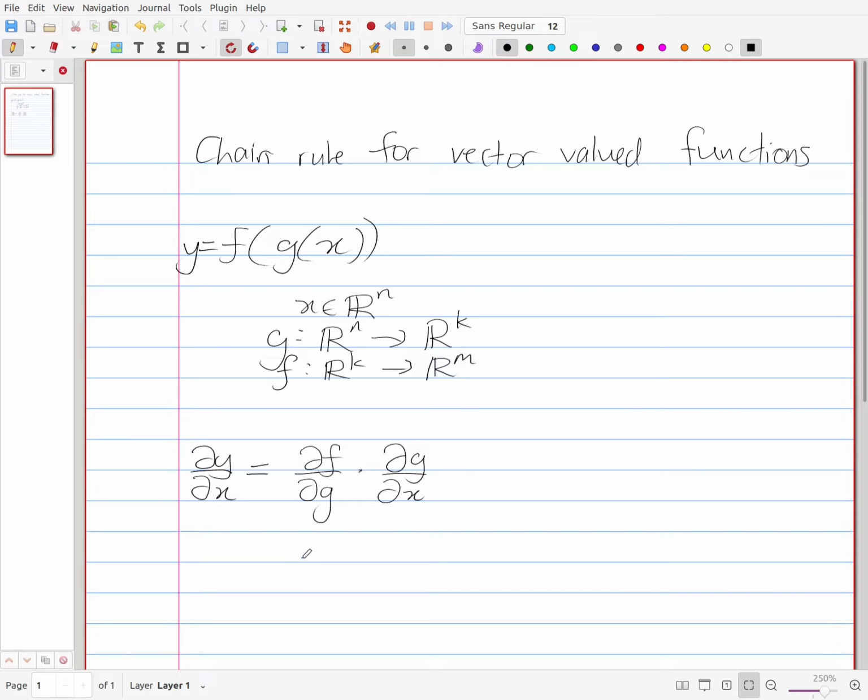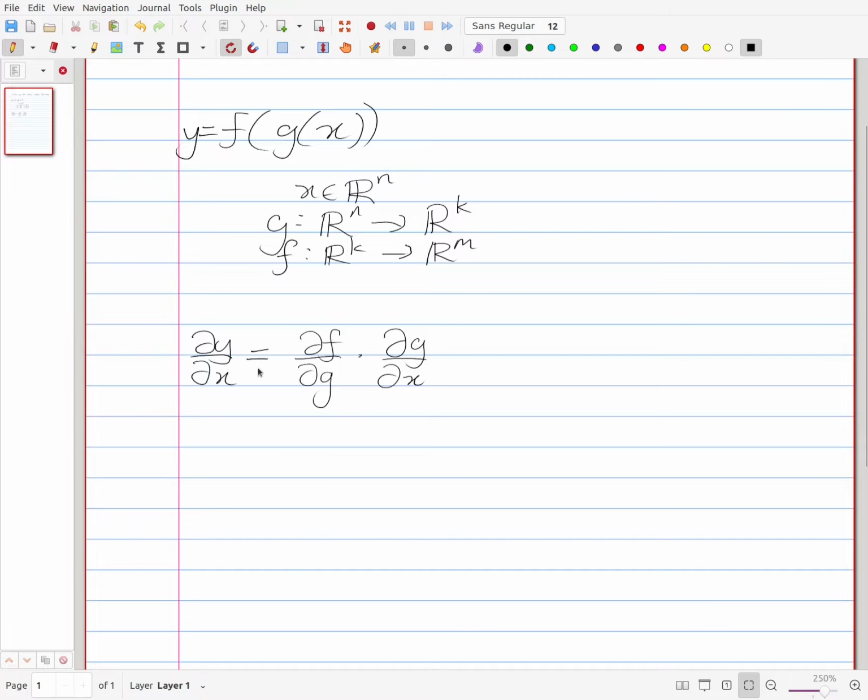Okay, so let's talk a bit more about this Jacobian matrix. Since y is a vector with m components, I'm going to write it out like this.